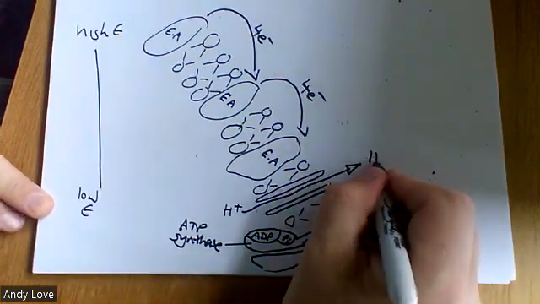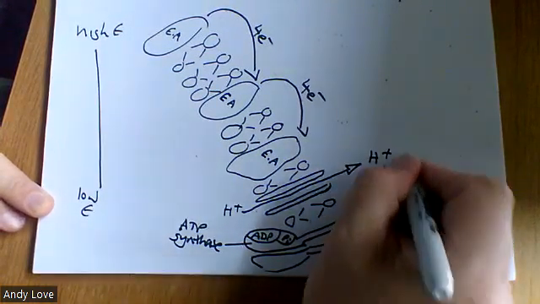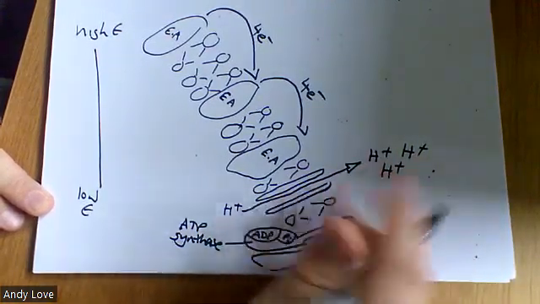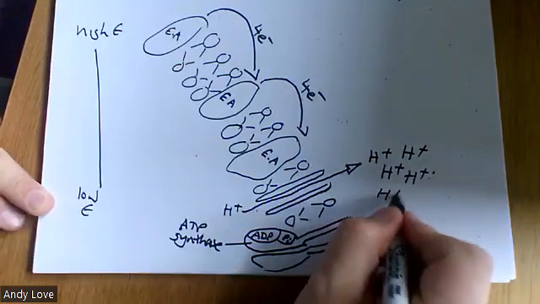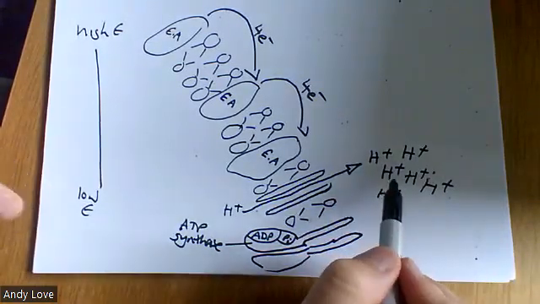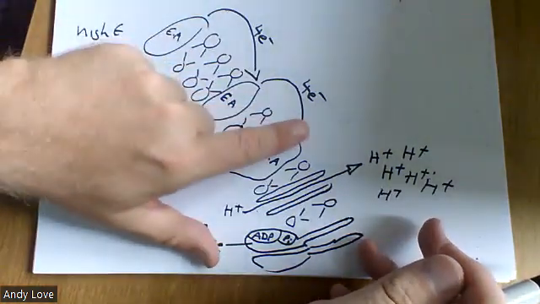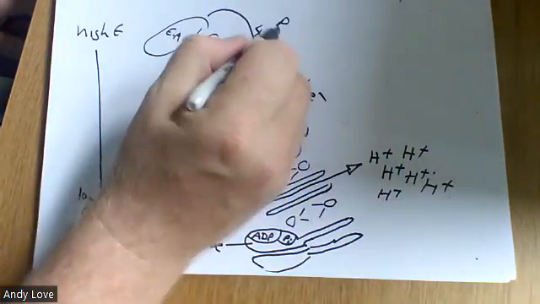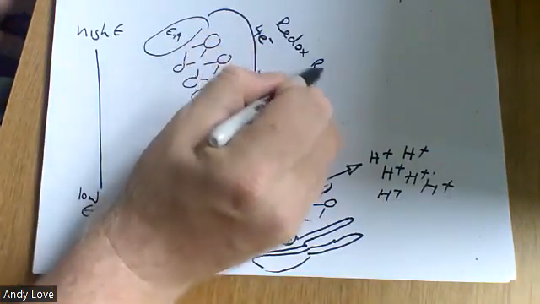Okay, and what you create in the stroma, these hydrogen ions are being pumped across this membrane. More and more hydrogen ions are being pumped across. Where are they getting the energy from? They're getting it from the transferred energy from the electron transport chain. This is a series of redox reactions.